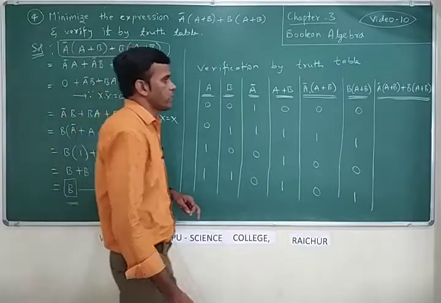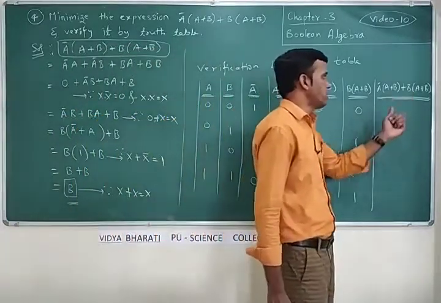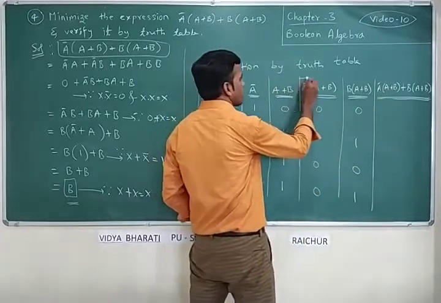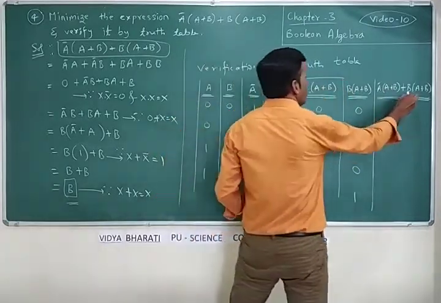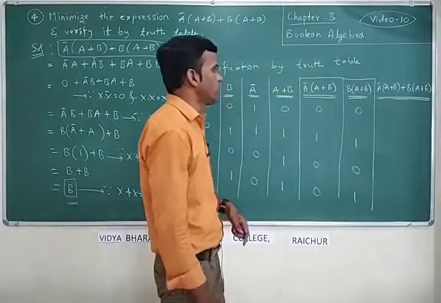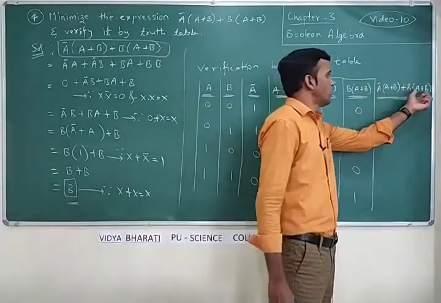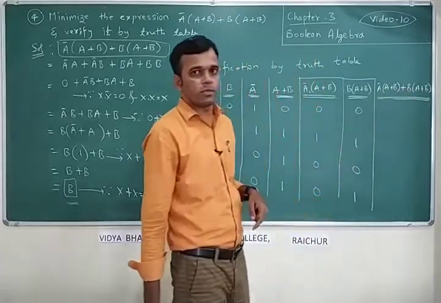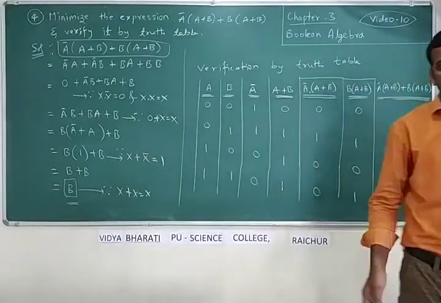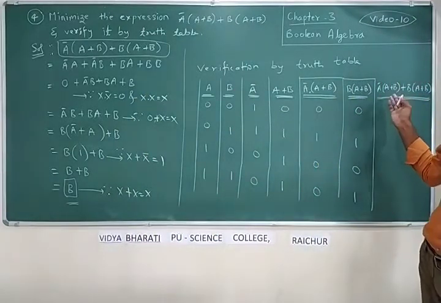Now we can consider the complete expression, because we have a bar of a plus b here and b of a plus b here. Between these two we have the OR operation. As per the OR operation, we write the values for this last column, which is going to be the resultant column.